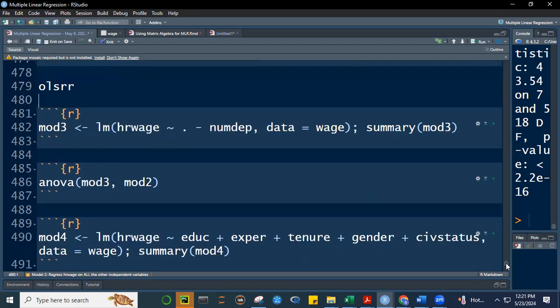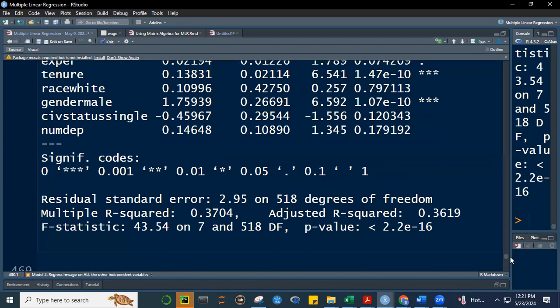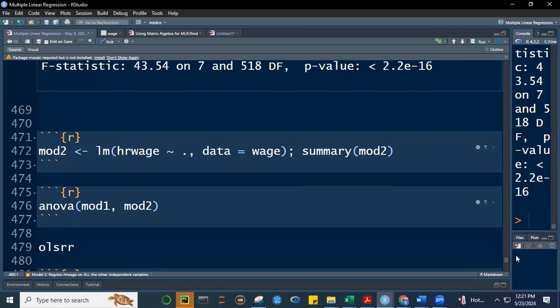There are actually two ways of stepwise regression. One is forward stepwise, and the other one is backward stepwise. What we did just now is a backward stepwise regression because in backward stepwise, we throw in all the independent variables first, and then remove them one at a time. On the other hand, for the forward, you start with nothing, and then you insert the variables one at a time.